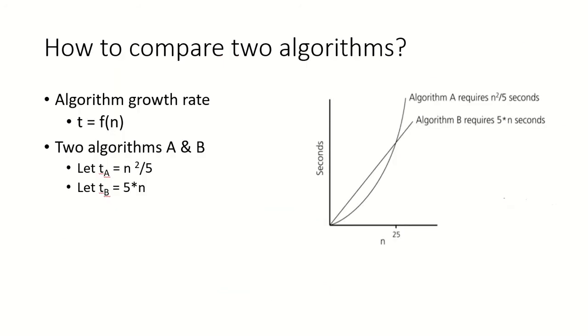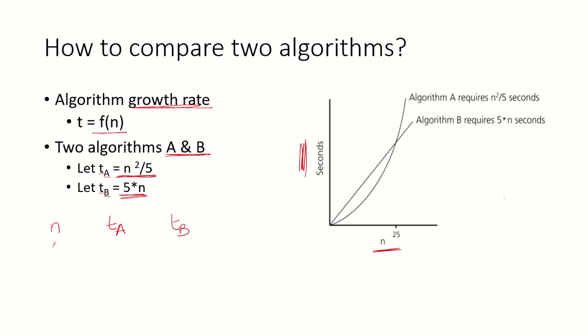So if we have the growth rate of two algorithms as a function of n, here you can see this is n and here is the time. Suppose there are two algorithms A and B. If this is algorithm A, which is requiring time Ta, and the growth rate is n square by 5, and there is another algorithm with time Tb whose growth rate is 5n, which algorithm is better? Depending upon the size of the input, which is n, we can see.